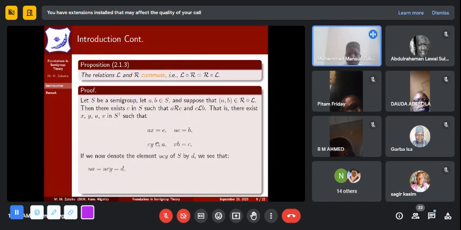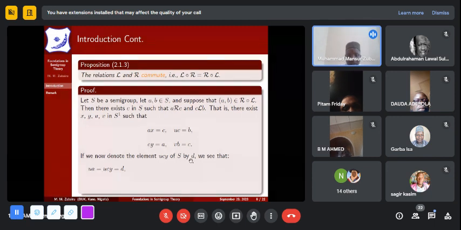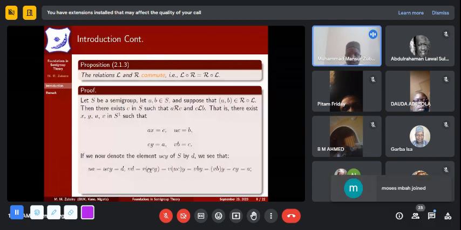Meaning that multiply this equation by u, you have ucy is equal to ua. So it means ua is equal to ucy, which is what we denote as d. So we got this. Next, vd.